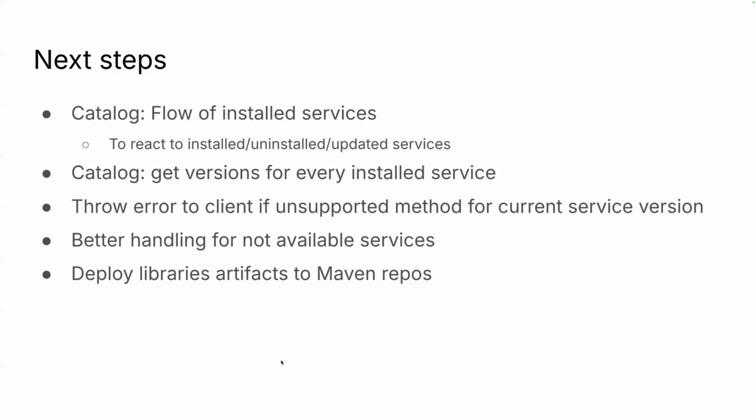It would be nice to have better handling for unavailable services, errors, and exception management in general. And then, as I mentioned before, also deploy the library artifacts to Maven repos for ease of integration for third-party applications.